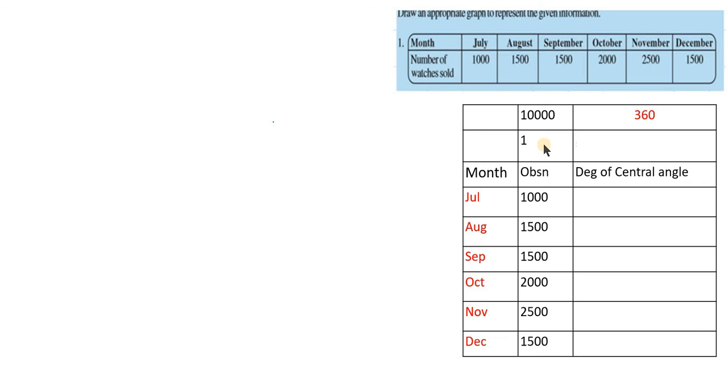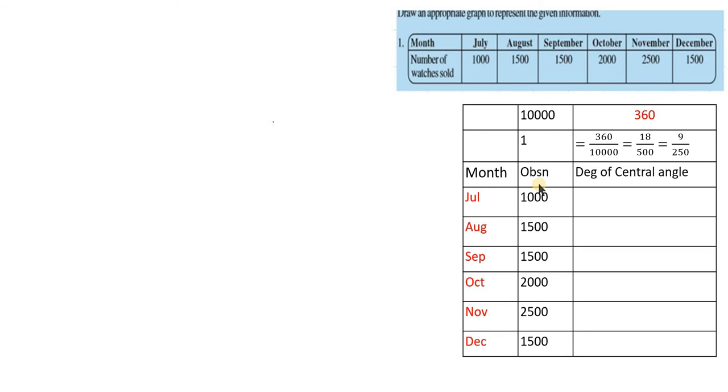So for one watch sold it will be 360 divided by 10,000. This upon reducing becomes 9 by 250, which is in lowest terms. One watch means 9 by 250 degrees.